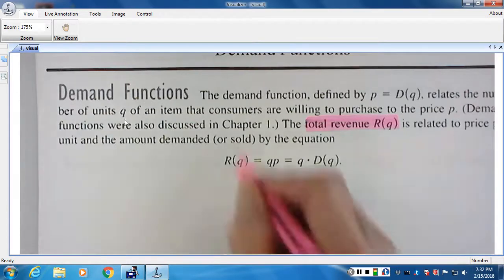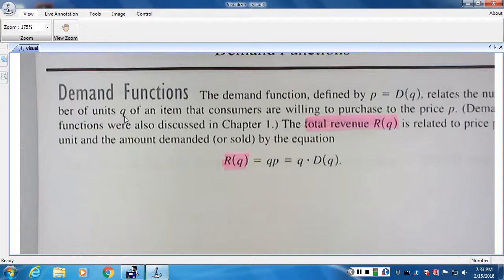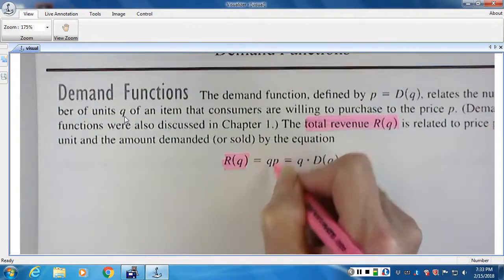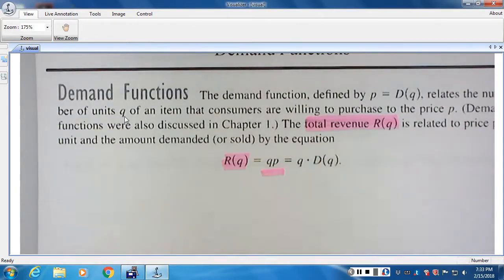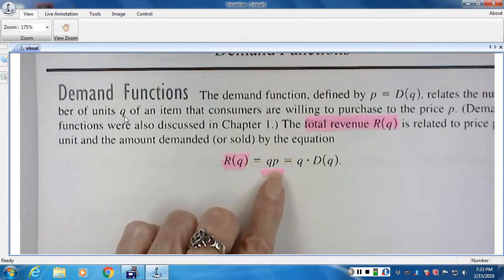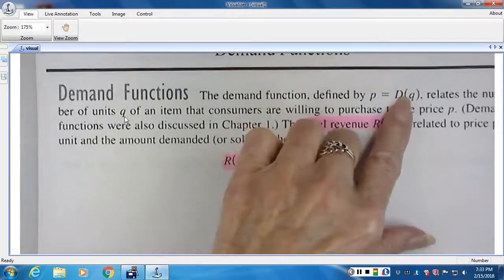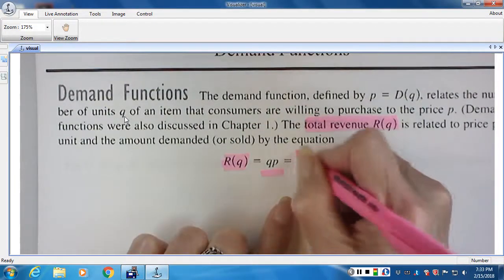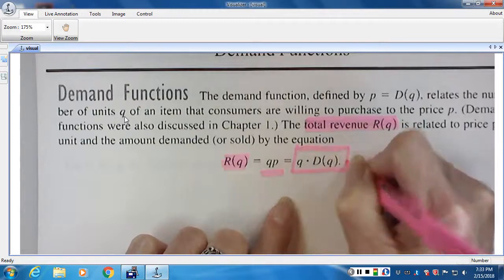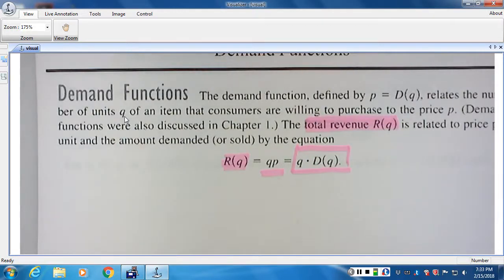Because revenue, the amount of money you take in for selling Q items, is always going to be the number of items times the price per item. And when you keep in mind that Q stands for how many you sold, and P stands for the price of each item, that makes your revenue equation make sense with P and Q. But since we know that the price is actually a function of the demand, then we can make our revenue equation strictly in terms of the quantity, because the quantity is going to determine what the value of P is.